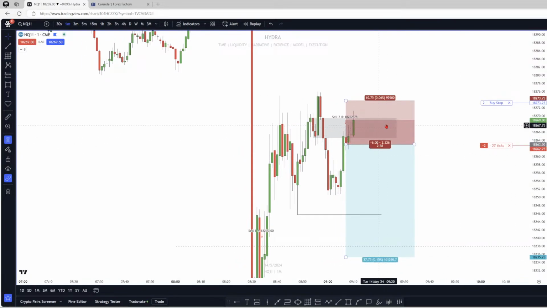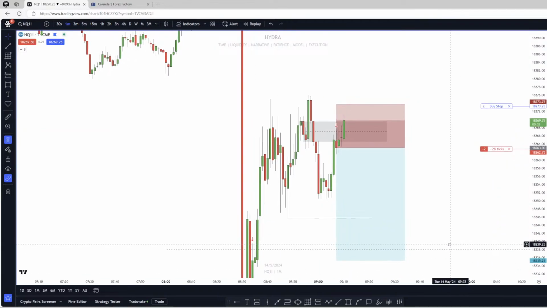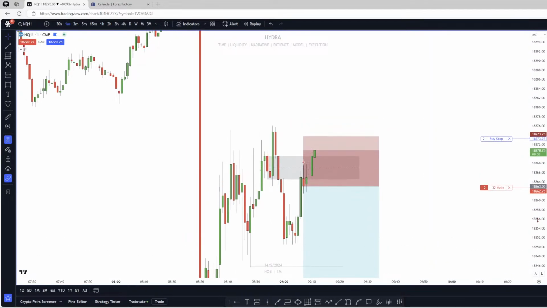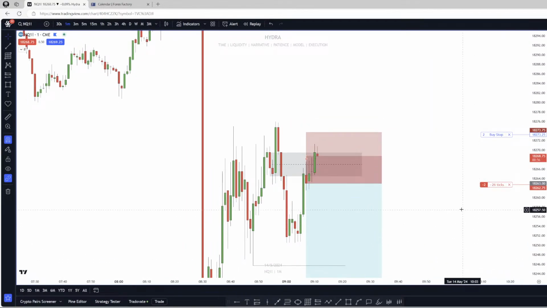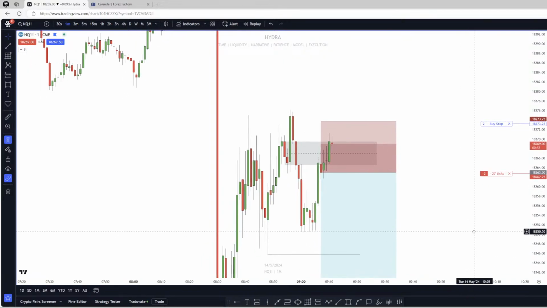We went above this PDA. Let's see if price still wants to come lower.